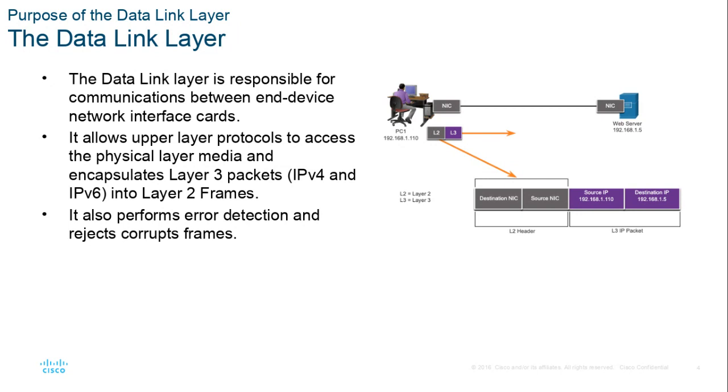So IP version 4, the legacy version, and IP version 6, the later version of IP that has more bits in it so that we do not run out of network addresses. It takes these upper layer protocols and this IP version 4 and IP version 6, which is a pure software packet at the network layer, and encapsulates it into a layer 2 frame, which eventually is going to be turned into bits and shot out over the media.